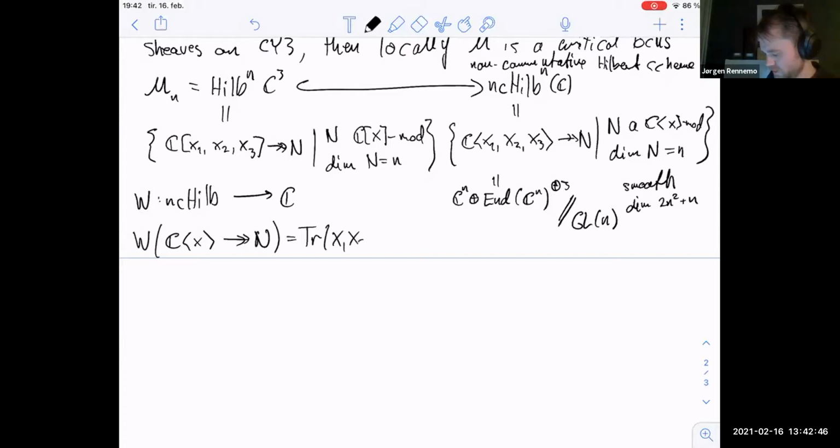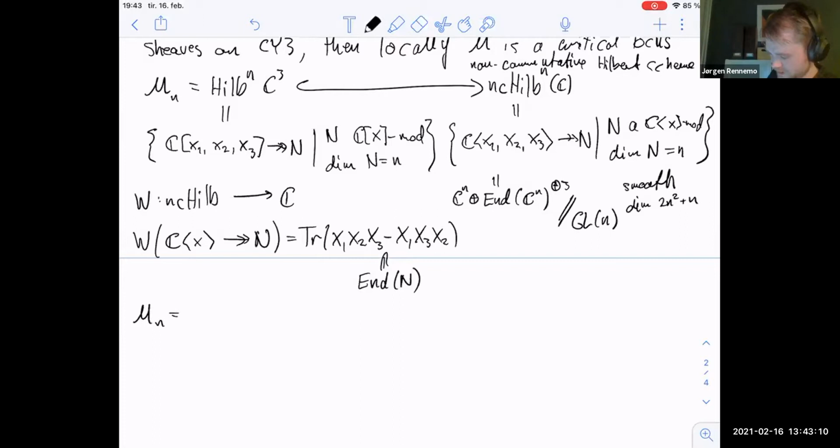We take the trace of a certain non-commutative polynomial. This non-commutative polynomial you think of as an element of n, so this is something you can take the trace of. And the claim is that the Hilbert scheme is now the critical locus of this function, right? So the vanishing locus of the partial differentials of W.